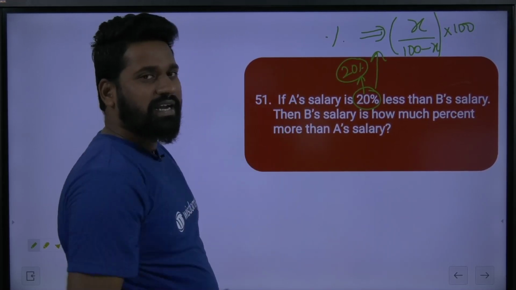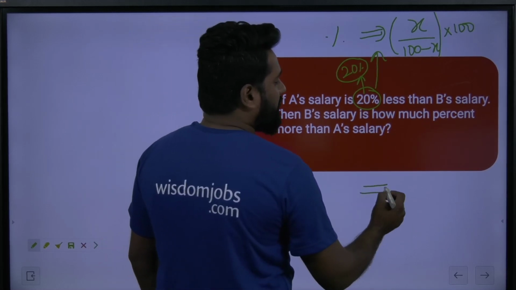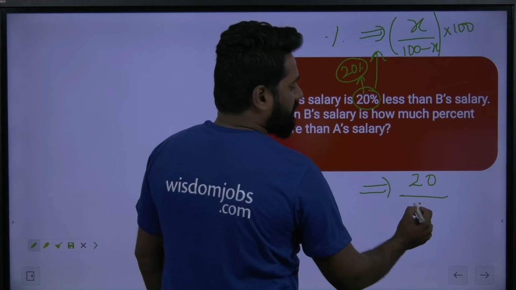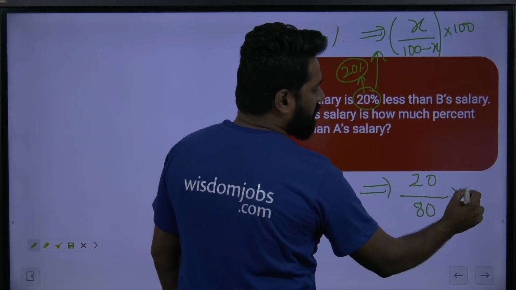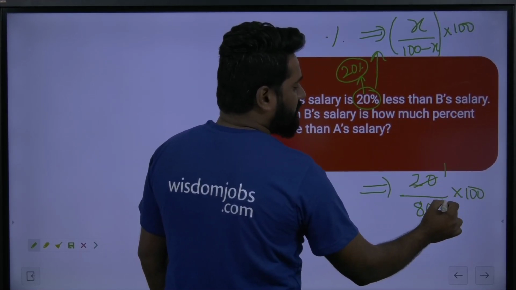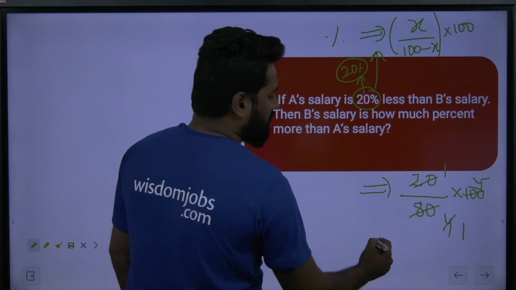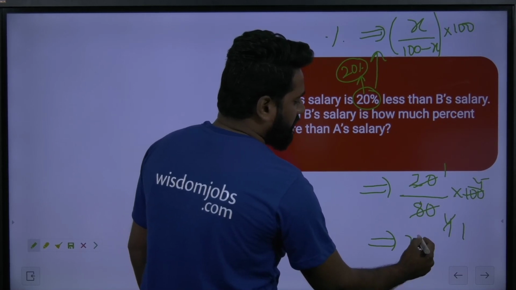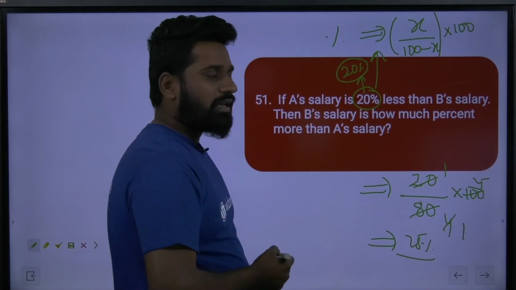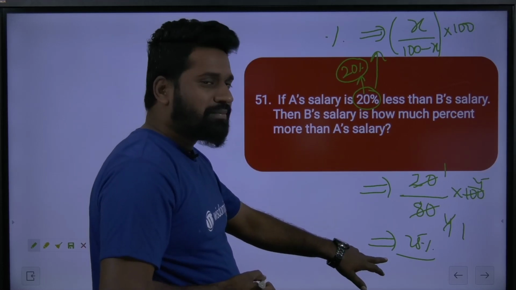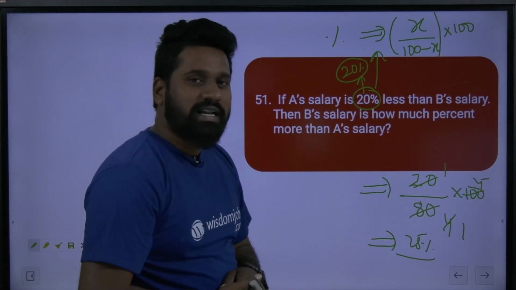So if you substitute directly in the formula, you will get 20 by 100 minus 20, that is 80, into 100. So 20 ones are 20, 4 fives are 20, 4 ones are 4, 25. So you are getting 25%. So that is B's salary is 25% more than A's salary.